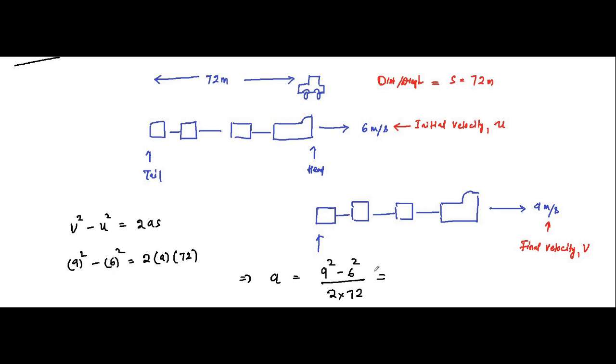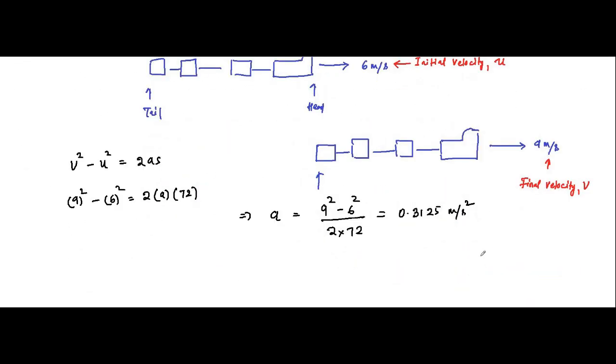So that is coming around 0.3125 meters per second square. Then we have been asked to find the time it takes. So this is the acceleration, a is equal to 0.3125 meters per second square.